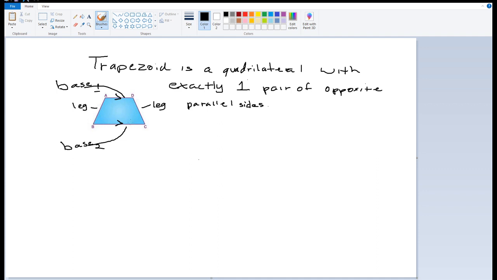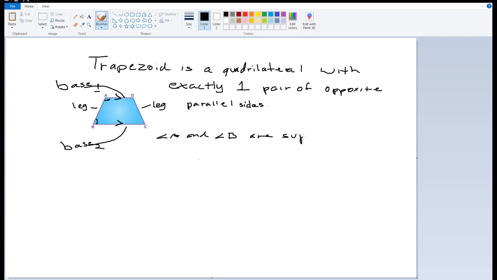In a trapezoid, the two sides that make up the legs, the two angles that they're making, for example, angle A and angle B, are supplementary.